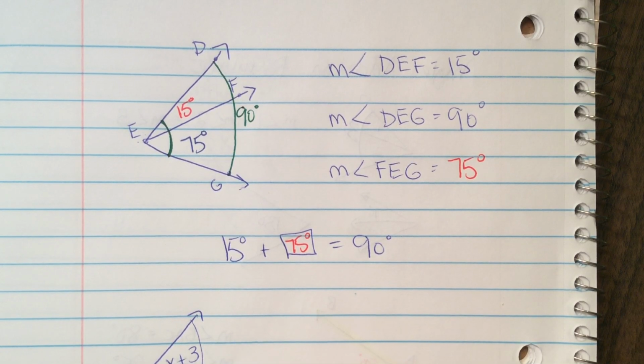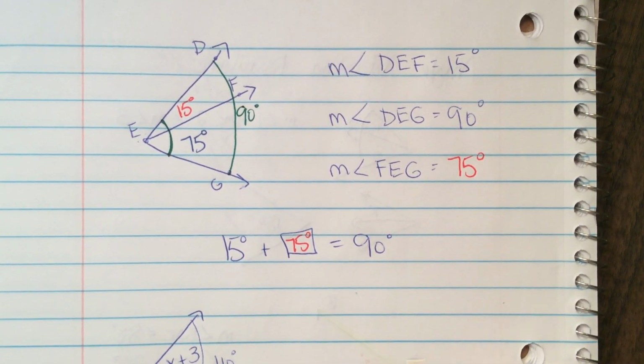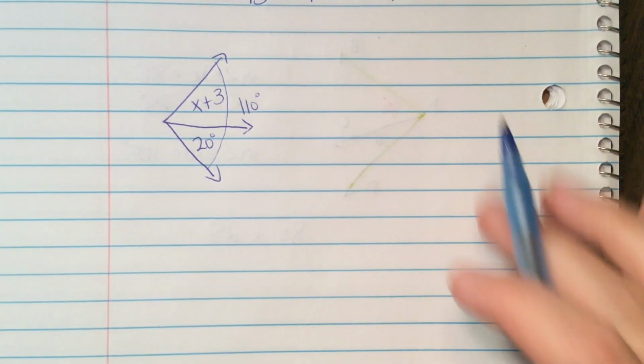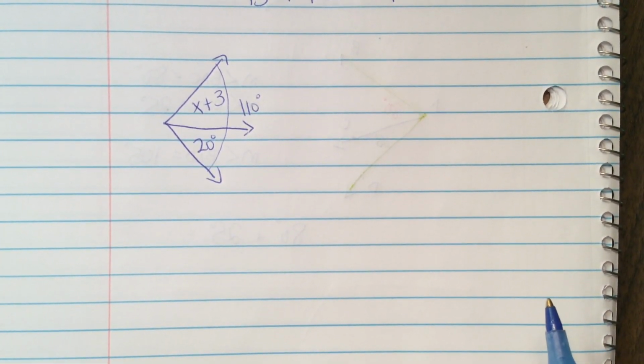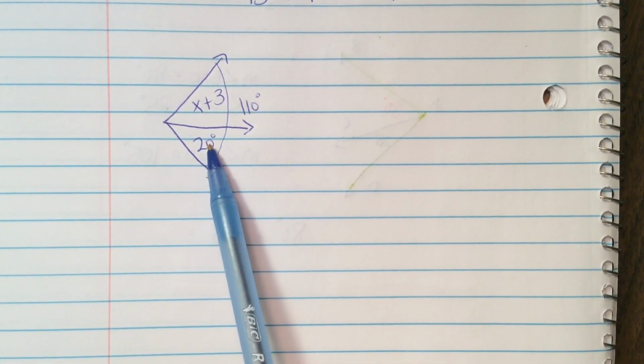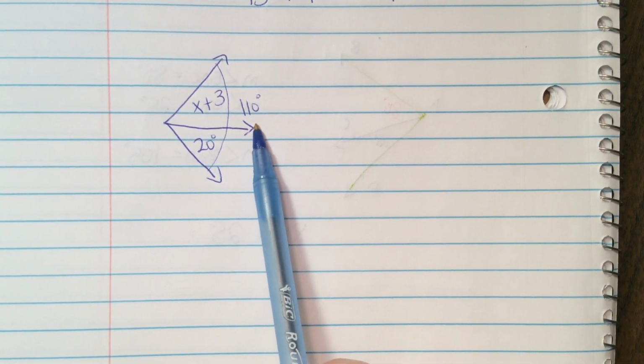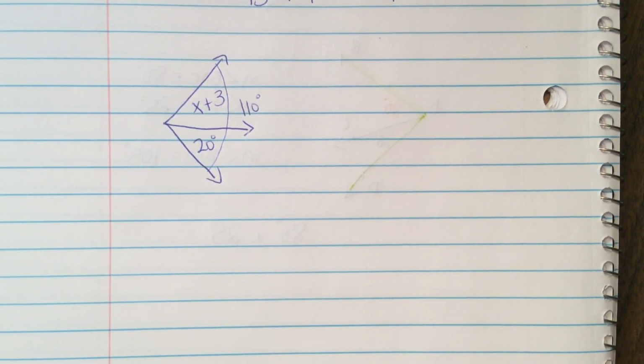And they both add up to be 110 degrees. Oops, let me move this up. So copy that down. X plus 3, 20 degrees, 110 degrees. How would we set that up to be an equation?